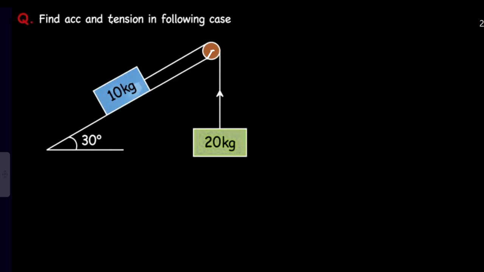Whenever a slope or ramp like this is there, an inclined plane, keep in mind how you need to do it. As I told you previously, blindly follow this. Whenever there is an inclined plane, with this angle theta, the first thing you need to remember is to draw one perpendicular line.